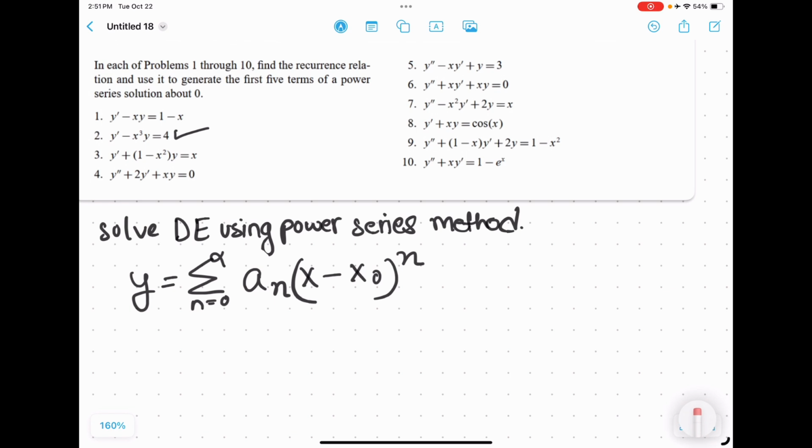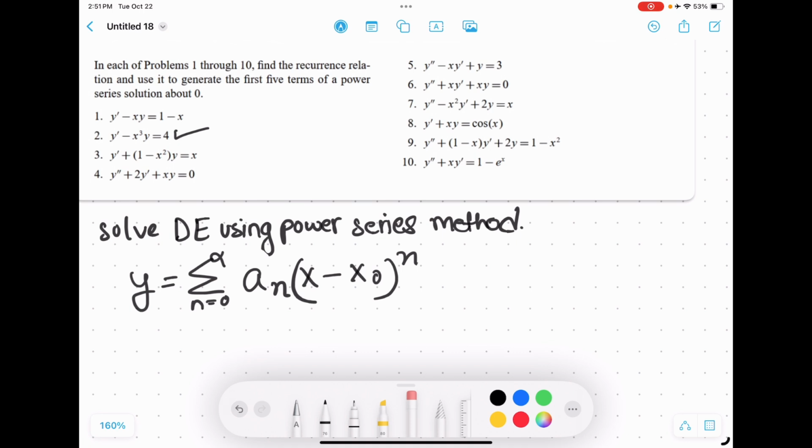Where, like I said, our a sub n and x sub 0 could be any number. Now, in this exercise, we are given that we have to find our solution about 0. So when they say about 0, what they're saying is that our x naught would be 0. That gives us the summation from n equal to 0 to infinity of a sub n x to the power n.